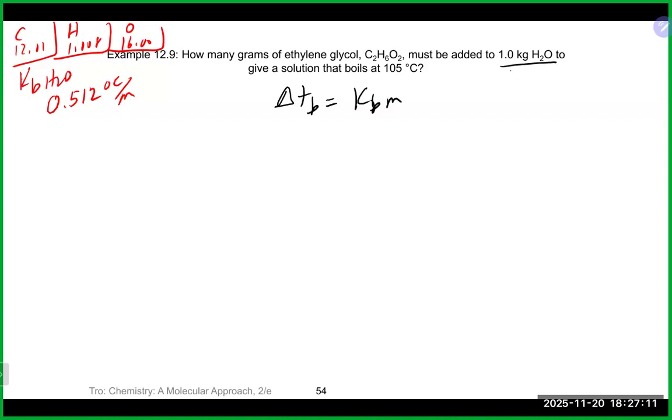Here we have our water, which is our solvent, and we have 1 kilogram of it. And we have the temperature at which the solution boils, 105 degrees Celsius. And we're looking for the grams of our solute.